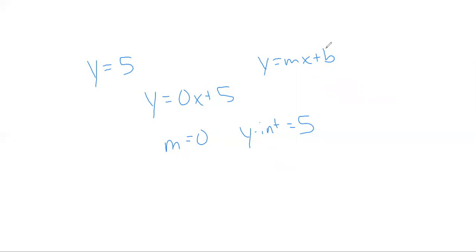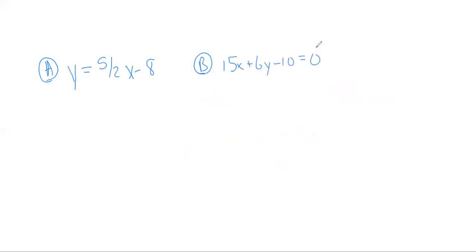The last type of problem you're going to see here, they're going to give you y equals 5/2 x minus 8. That's A, equation A. B, they're going to give you 15x plus 6y minus 10 is equal to 0.